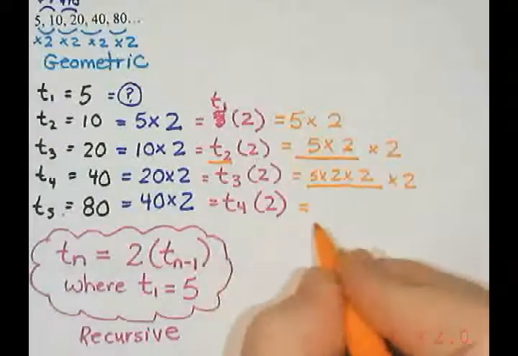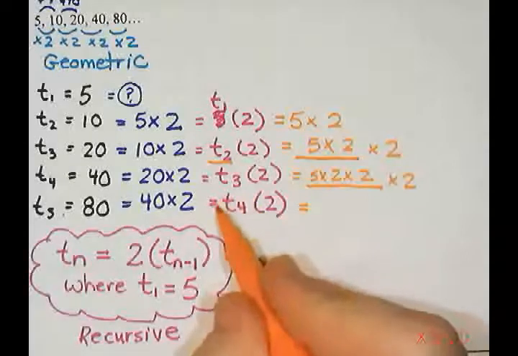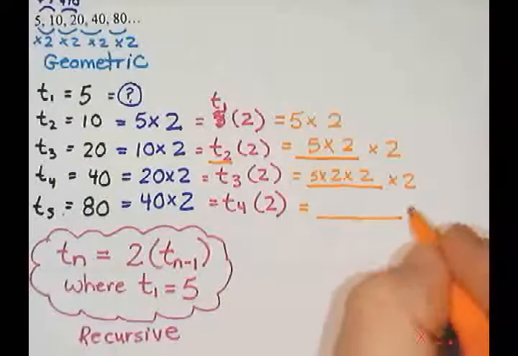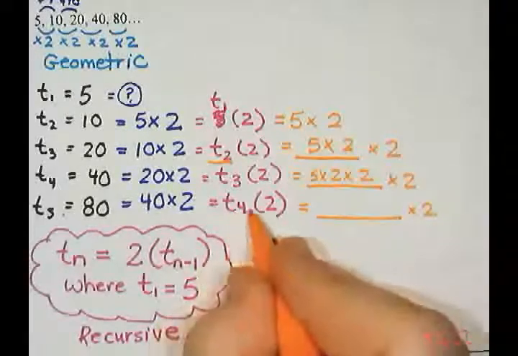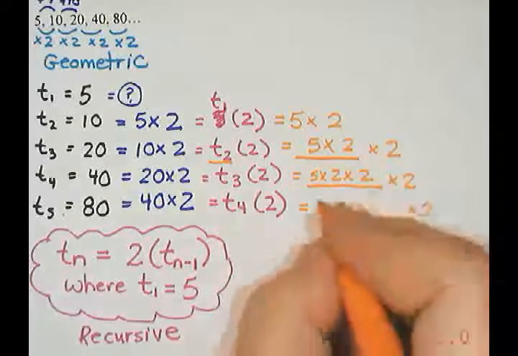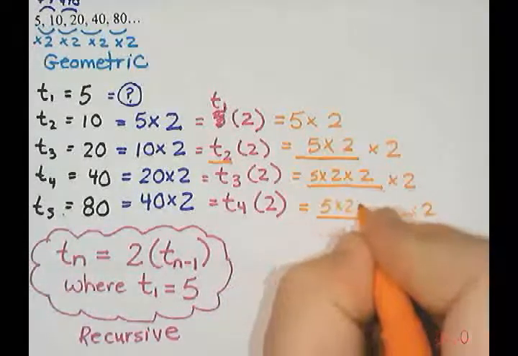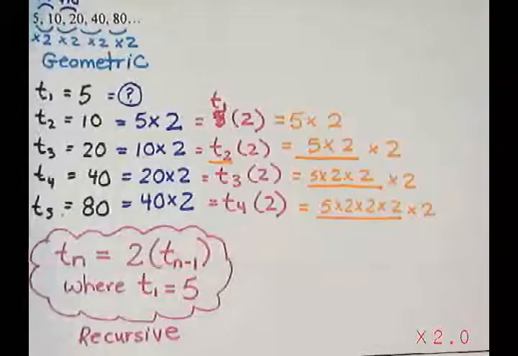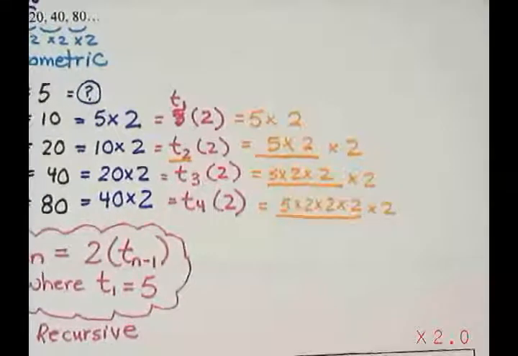And then the last one, same thing, term 4. We're going to take term 4 times 2. Now term 4 is really 5 times 2 times 2 times 2. That's a lot of 2's. Now I find that's a lot of 2's to be writing down.